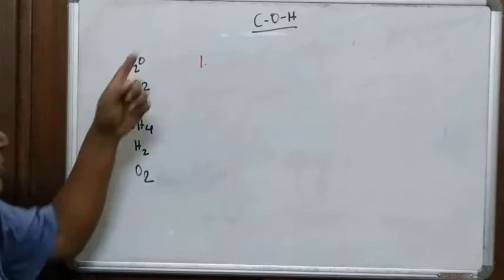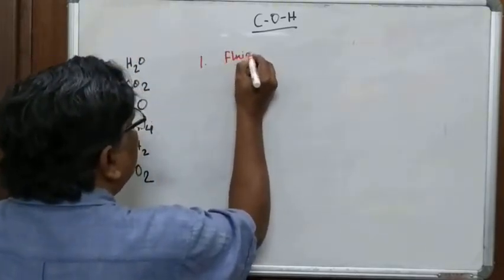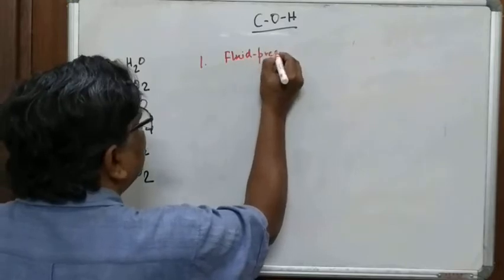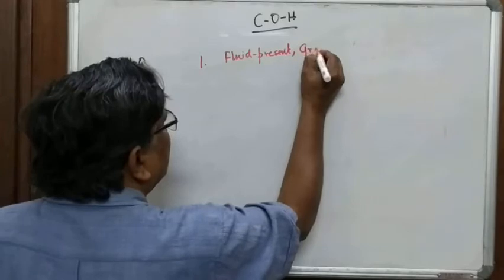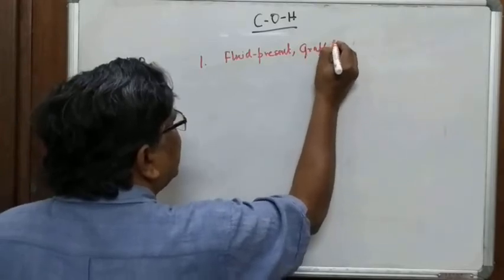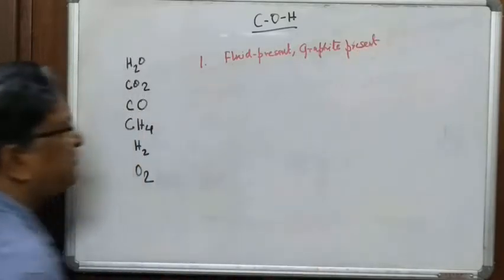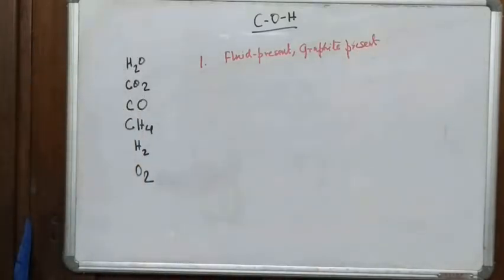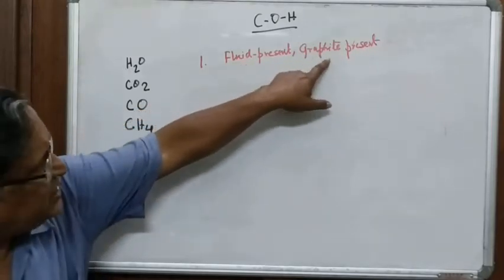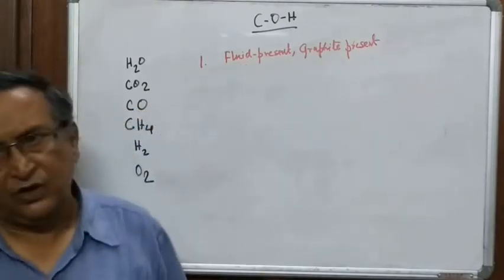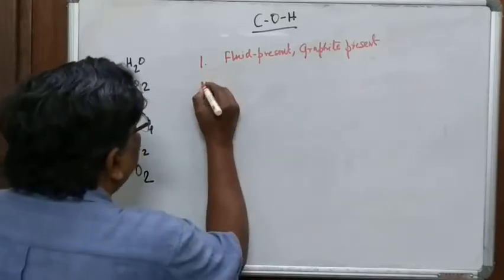We are dealing with a system where fluid is present and graphite present. That means we can have this case. Fluid present, graphite present. That means sigma xi in the fluid equal to 1. Activity of carbon in graphite equal to 1.